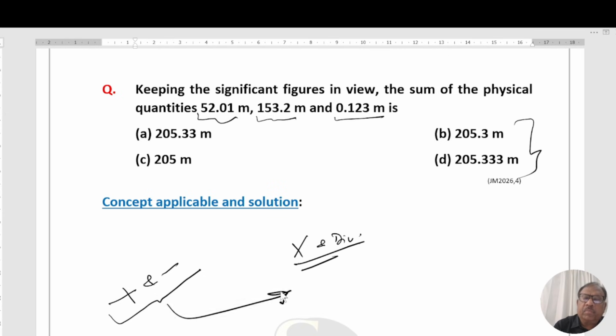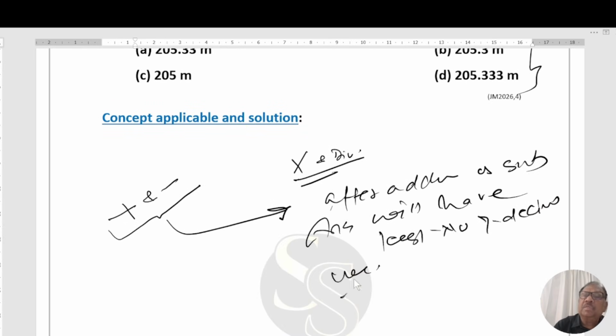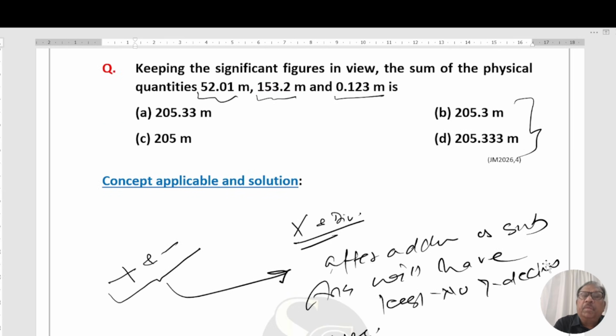After addition or subtraction, the answer will have the least number of decimal places. Here one has 2 decimal places, one has 1, one has 3, so in the answer we will consider 1 decimal place.